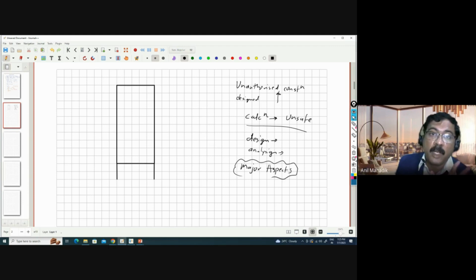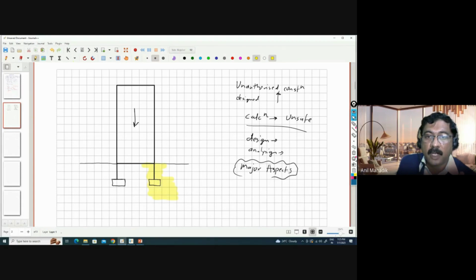Now, if this building wants to fall down under gravity load, what is the reason? As you said, there is a possibility that the footing may fail. And why footing? There is a differential settlement. Let's say this is your footing location, and say that this zone is having a soft strata.